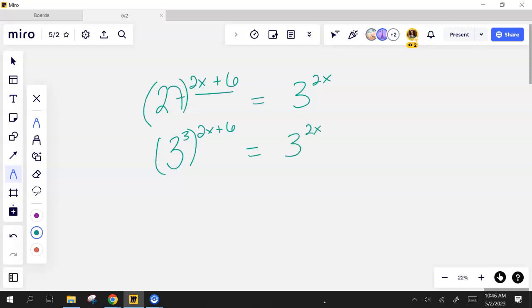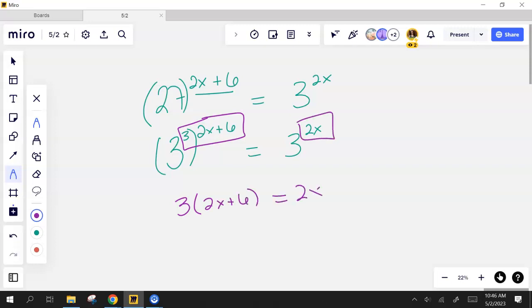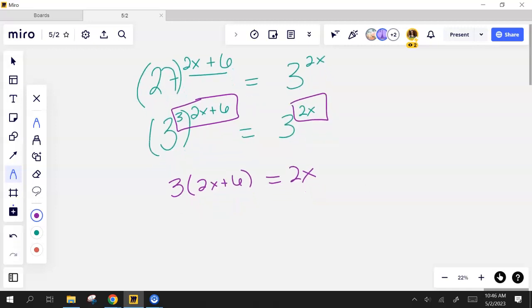Here's what makes this one hard. When you drop off the bases and set the exponents, it's all of this. So it's 3 times 2x plus 6 equals 2x. I can't just solve this the way it sits because I'm going to have to do some distributing first. If there's already an exponent that sits out there and you change it a little bit, the exponent's going to have to multiply to everything outside.